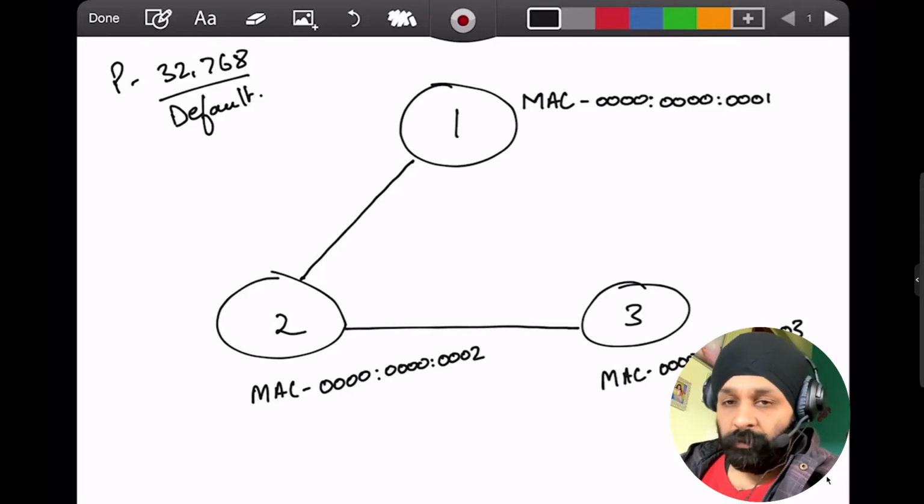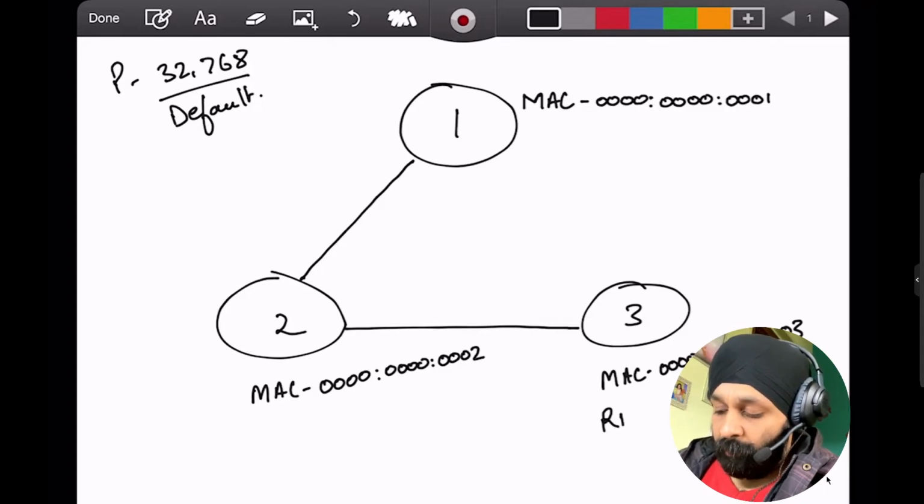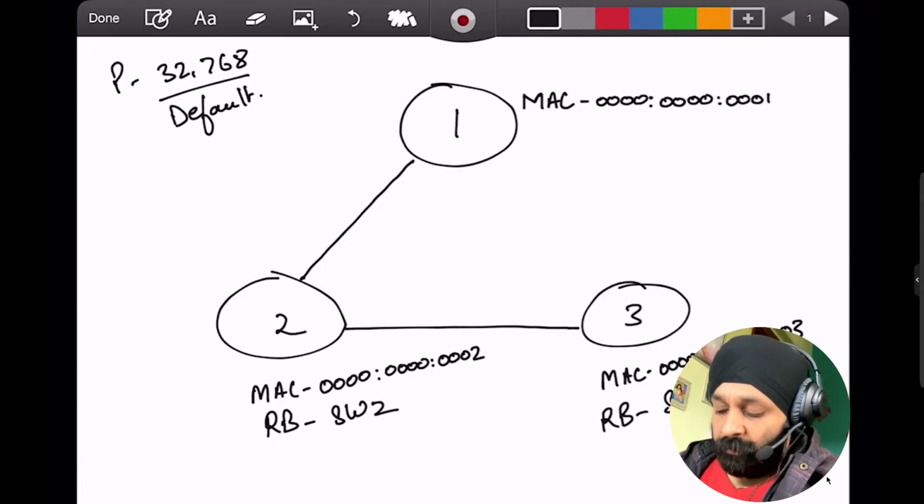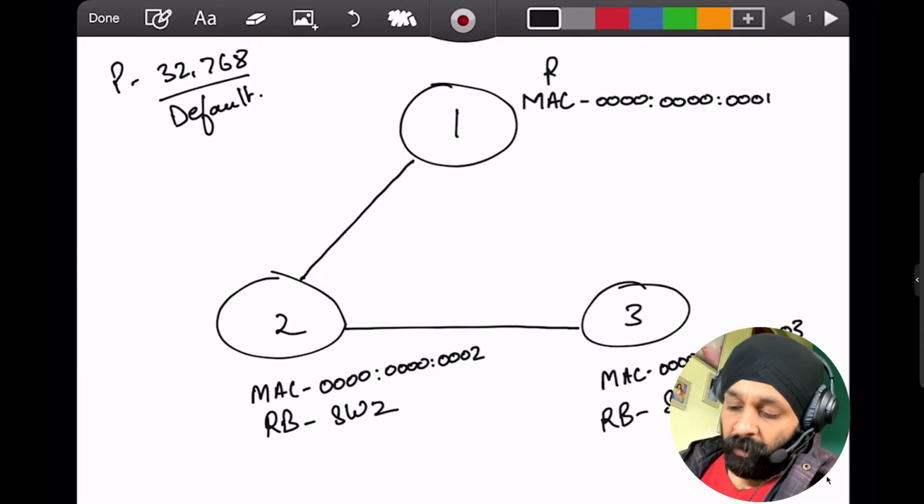So for switch 3, this is a superior BPDU, a superior bridge ID, and what it does is it immediately updates it, and the root bridge is updated as switch 2. So right now, the root bridge at both switch 2 and switch 3 is switch 2, and on switch 1, it is still switch 1.